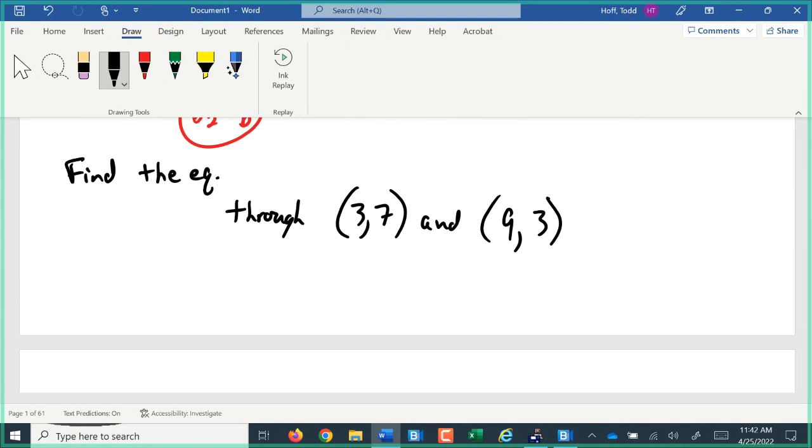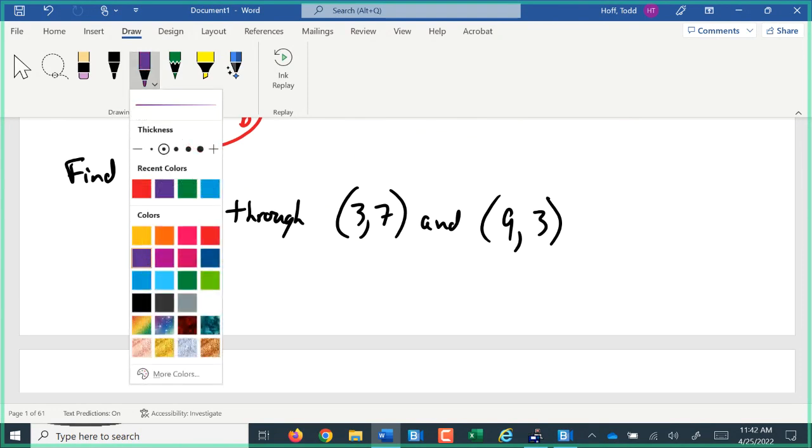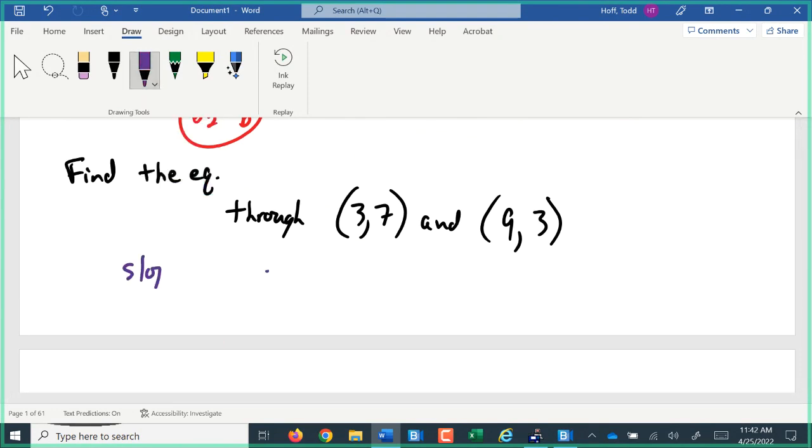Well, this is really pretty much the same as that last question, because anytime we have 2 points, we know the slope. Remember, slope was that slope formula, m equals y2 minus y1 over x2 minus x1.